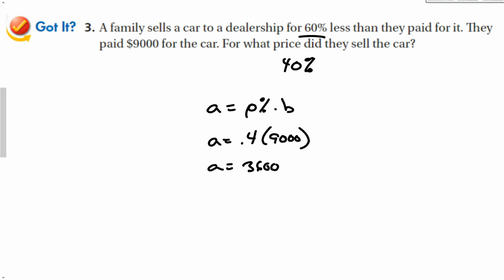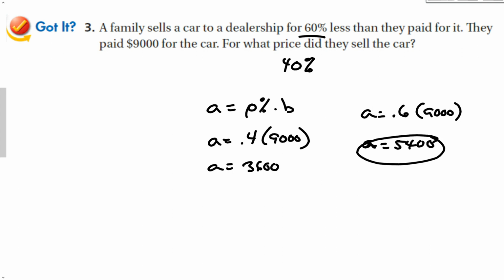Okay, so the family is going to get $3,600 for their car. Now we could have done this: 60% times 9,000, and then we would get 5,400. Now you have to realize that 5,400 is the amount that the discount is. So you take 9,000 minus 5,400 to get 3,600.